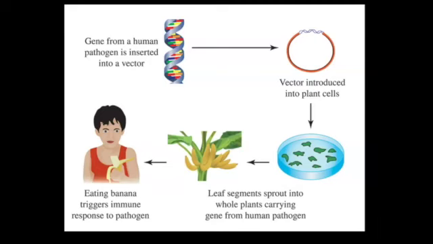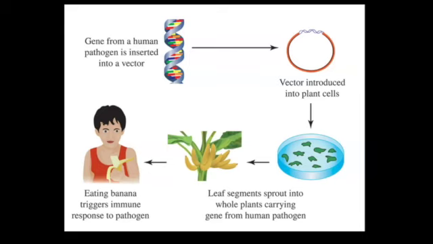So one method to deal with brand new viruses and diseases is to allow humans to have some exposure to them in small amounts, like in a genetically modified banana like this. In this example, there's a gene for a pathogen, which would be maybe just a portion of the pathogen, like the spike protein on coronavirus.